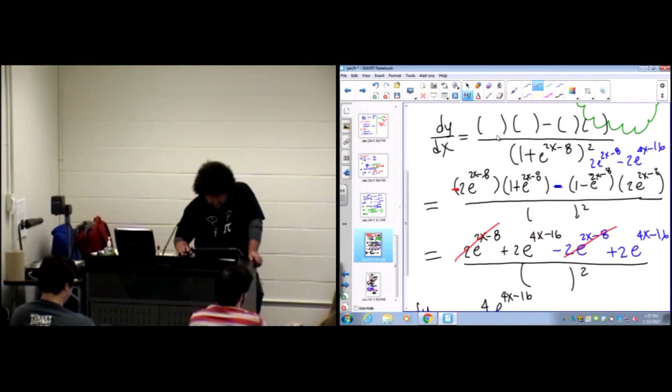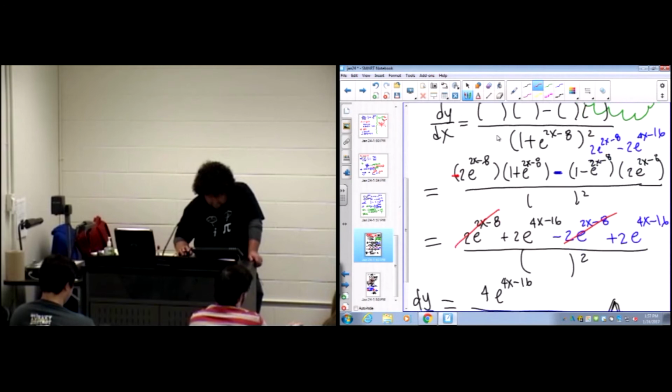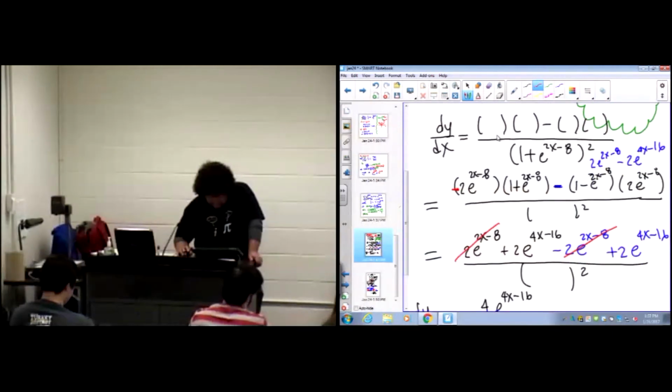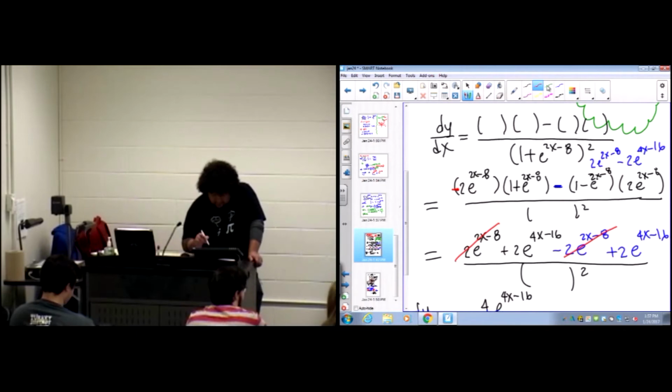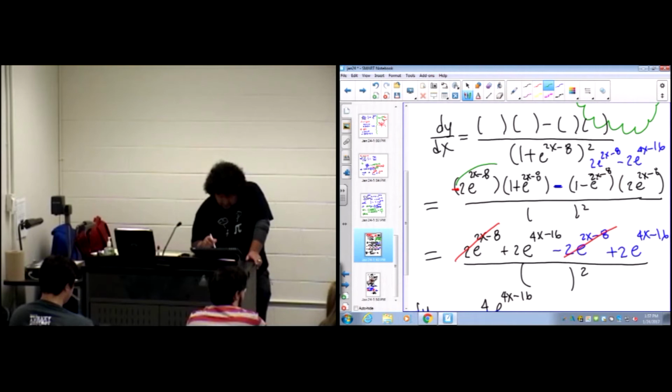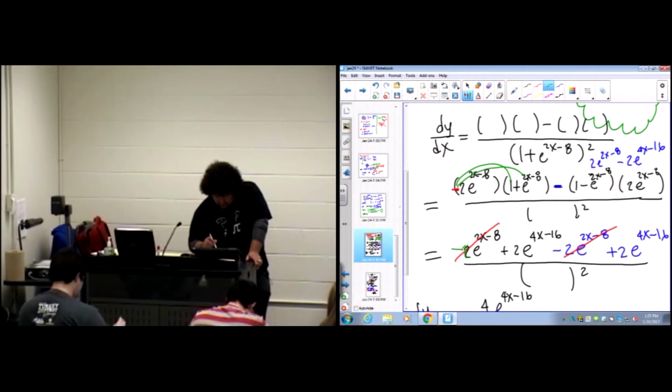Right? Let's see, with a negative there, the negative changes this calculation. Negative times 1, and negative times the other one, so this would be minus 2.